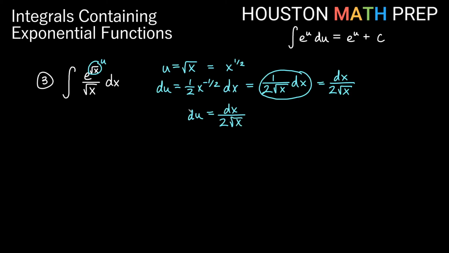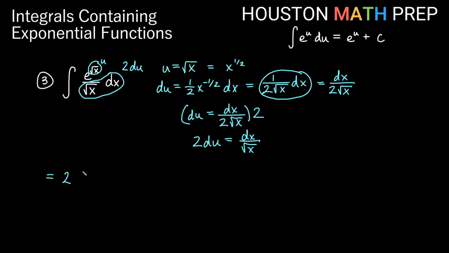How do I get this to look exactly like what I have? I would need to multiply both sides by 2 because I want to reduce the 2 there, right? So we would actually get 2 du is equal to dx over just plain square root x, no more 2 in the bottom anymore. So this part here, dx over square root x, is actually going to be 2 du. So let's replace all that. I'll bump my constant multiple 2 out front.